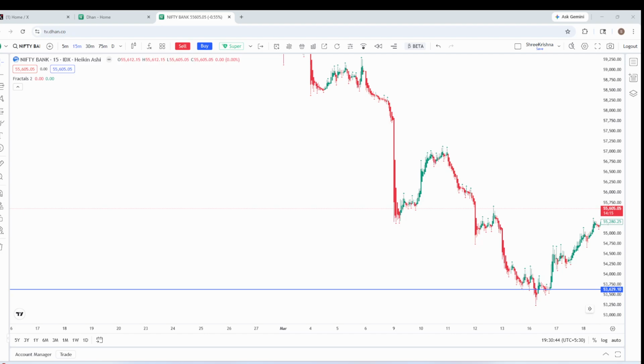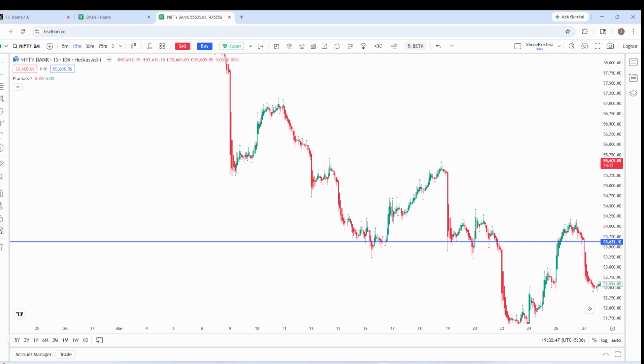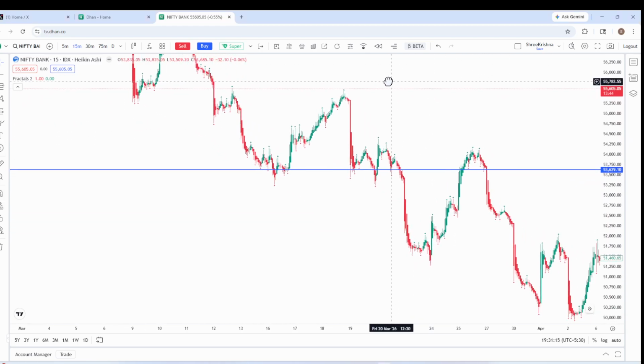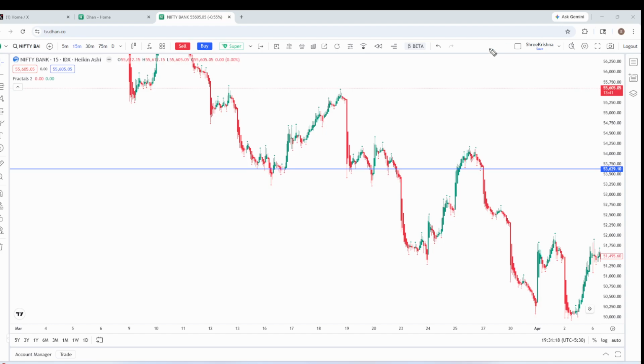So exactly, you have an impulse, then you have a flag, you make an exit out of your trades. You get one more flag, break of the flag, you enter, and you take one pivot, two pivot, and at the third pivot you almost take a profit and get out, because this reaches the previous pivot. Now you are understanding? When it reaches the previous pivot, you are bound to take the profit, or you can wait for it.